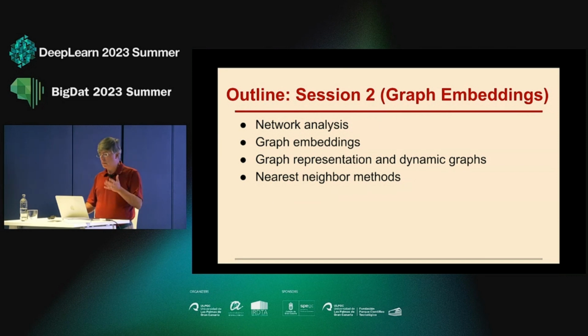We're going to talk about something called graph embeddings that we were involved with making popular, and show how you build these graph embeddings, show how you can use them, and talk about other aspects of them, how you deal with graphs that are changing, when there are edge insertions and deletions and things like that. And I'm going to try to talk about nearest neighbor methods for understanding what graph embeddings mean. And I think that's an interesting thing.